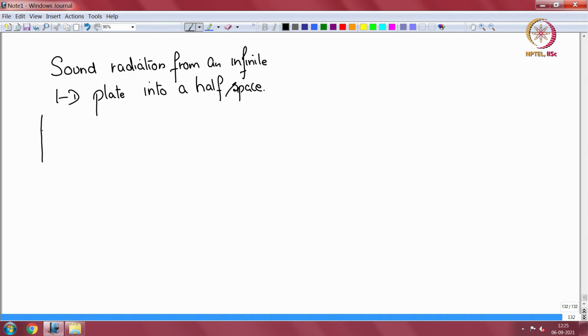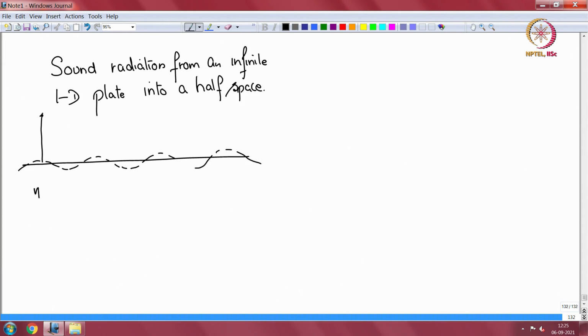So I have this infinite 1D plate which is carrying a flexural wave. So what is that description?